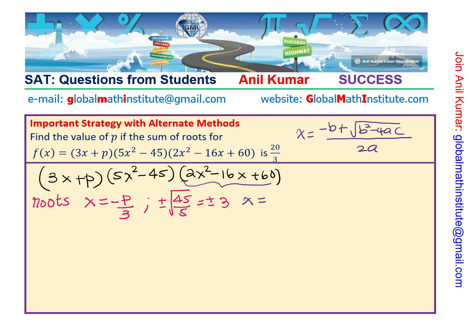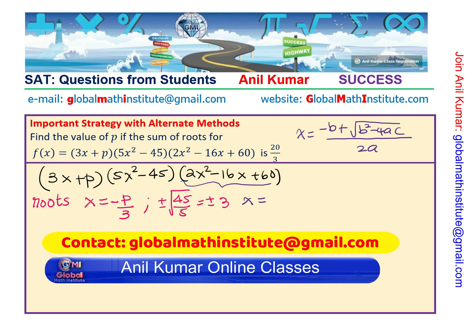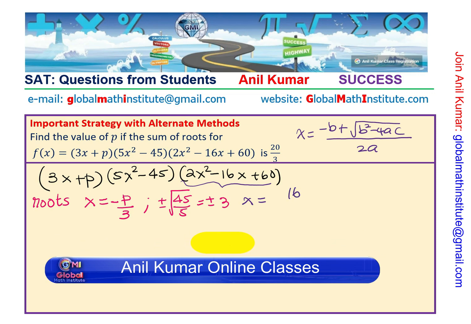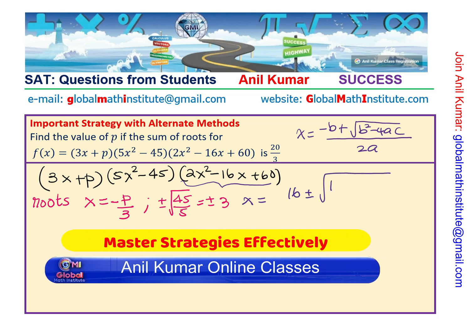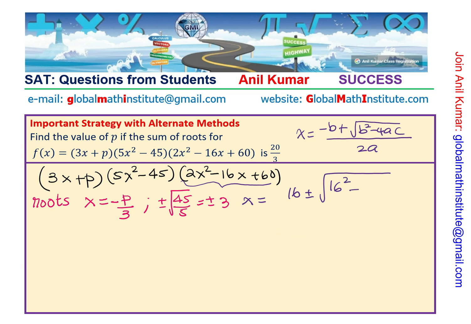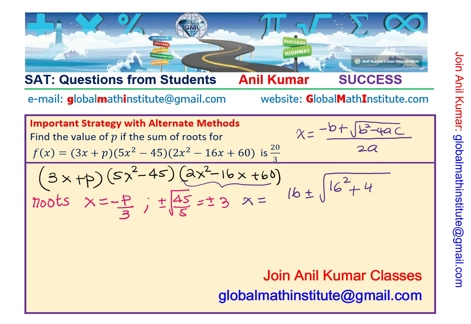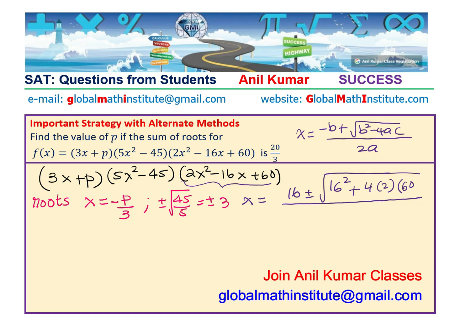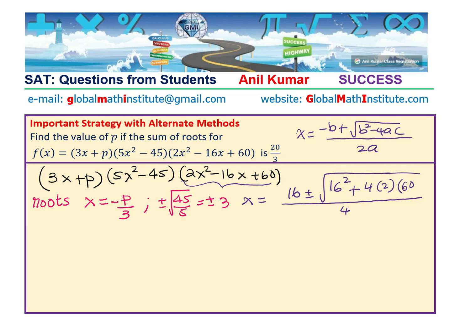But anyway, b is 16, so we'll use minus of negative 16, which is 16 plus minus the square root of b squared, which is 16². Minus becomes positive: minus 4ac becomes plus 4 times a, which is 2, times 60. Everything divided by 2 times a, meaning 4. Correct? So these are the other two roots. So we have got 5 roots: minus p/3, plus minus 3, and 16 plus minus that. So let's do the sum of roots.